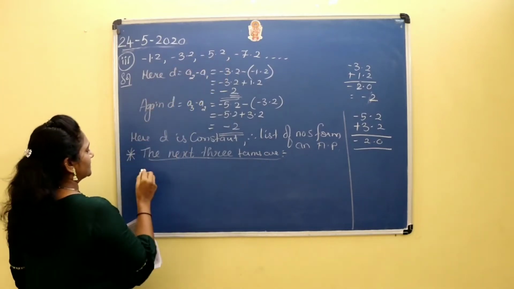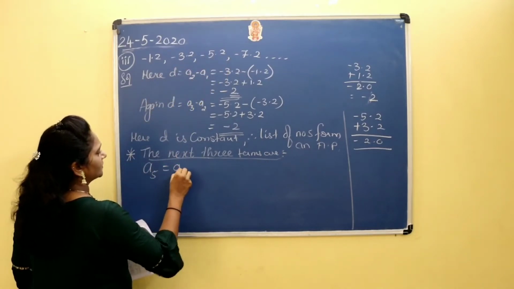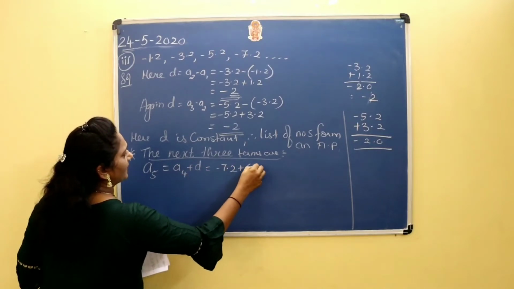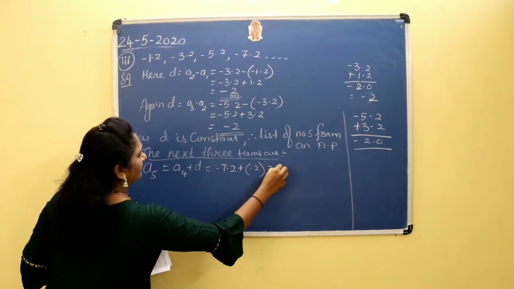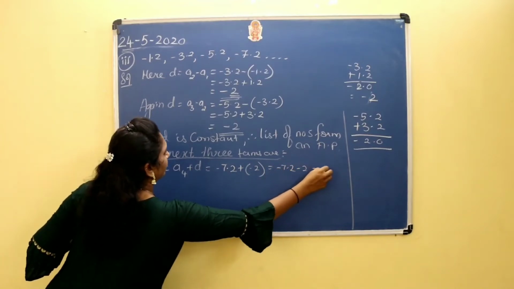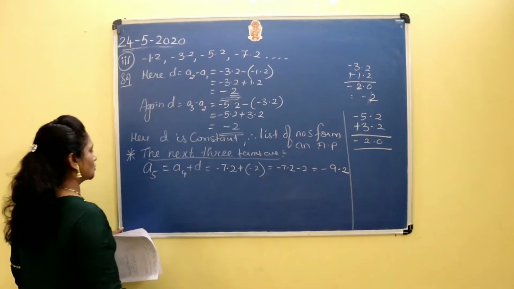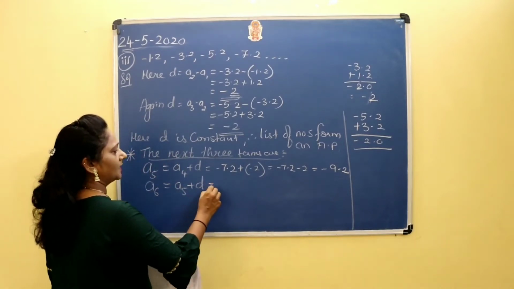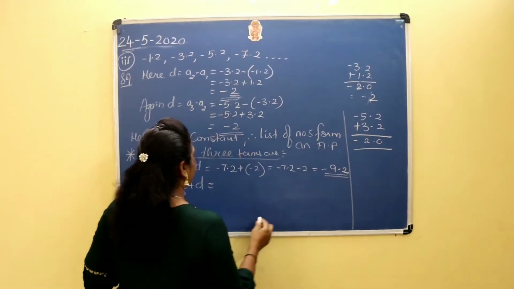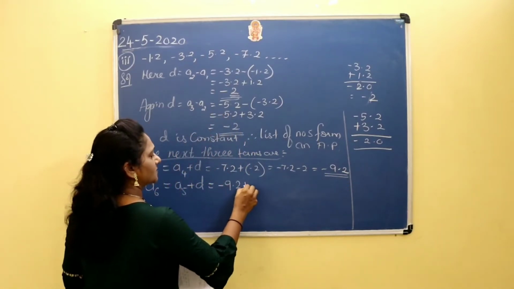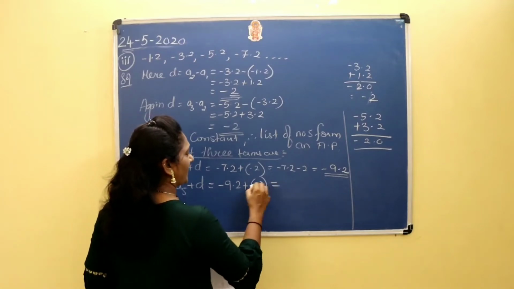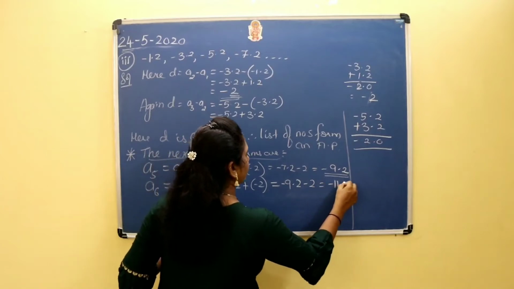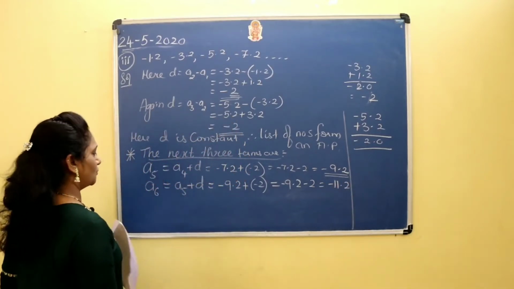A1, A2, A3, A4 is given. So, you have A5. A5 is equal to A4 plus D, minus 7.2 plus of minus 2. You will have minus 7.2 minus 2, which is minus 9.2. A6 is equal to A5 plus D, so A5 is minus 9.2. Minus 9.2 plus of minus 2 will give you minus 9.2 minus 2, it will be minus 11.2.